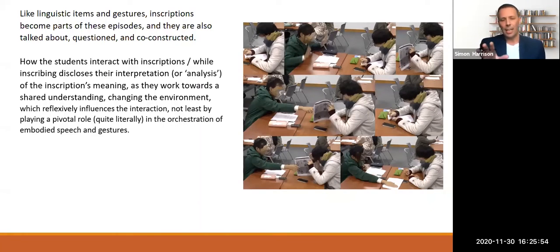And that shared understanding, as it's developing, changes the environment in which they're interacting. And those changes in the environment, for example, by modifying the diagram or pointing to it, which elaborates the meaning in it, then reflexively come to influence the interaction patterns, not least by playing a pivotal role, quite literally, in orchestrating the embodied speech and gestures.